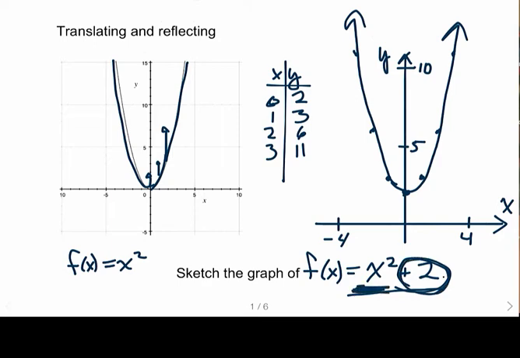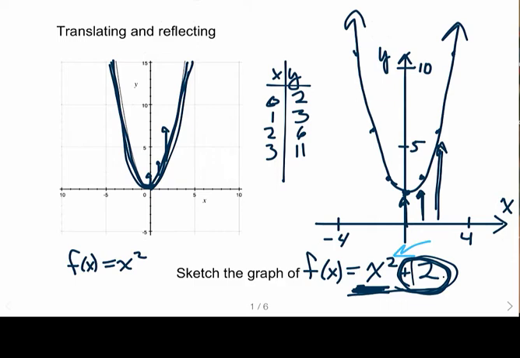So f of x equals x squared plus 2 has the shape of the parabola, which we could glean from the fact that it's x squared, but all of the points have been moved up by 2 units, and that's the effect of the plus 2. That's what I mean when I say if we know this shape and we know where to put it, then we can draw a graph.